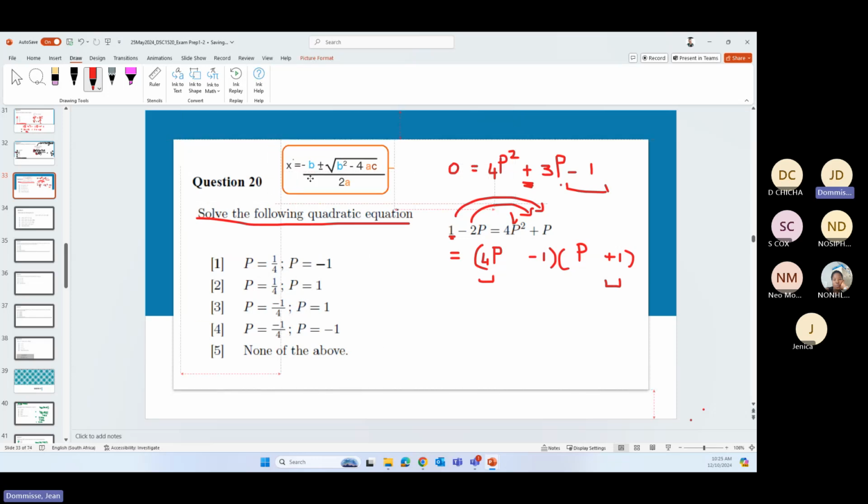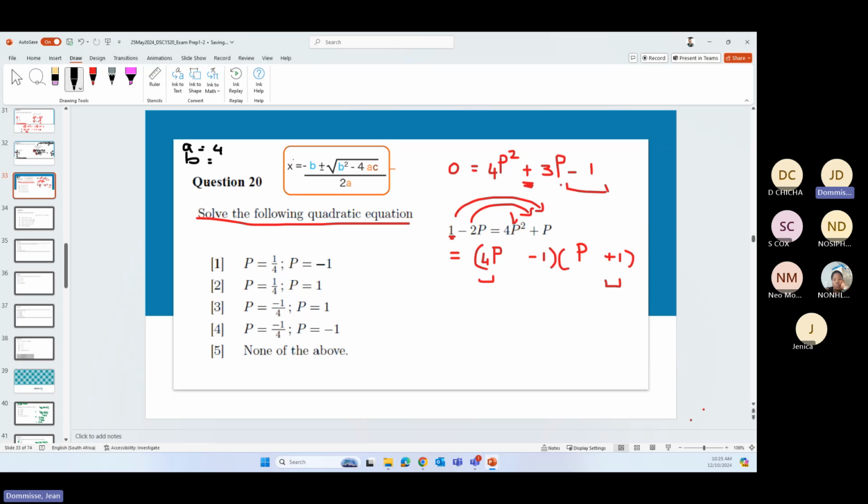So if you said I can't factorize that, then use this formula, because then you can say, okay, a is 4. If you needed to use this, a is equal to 4, and you can test it afterwards to get the same answer.